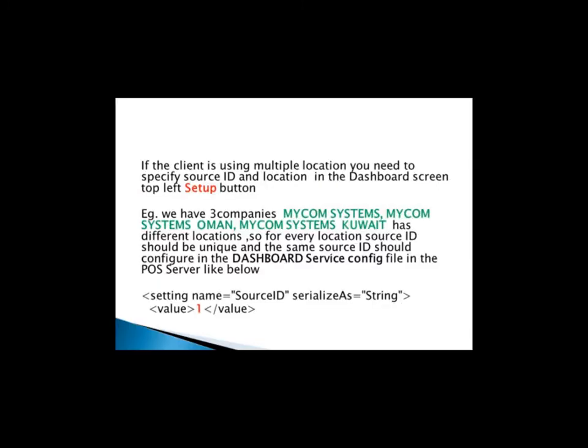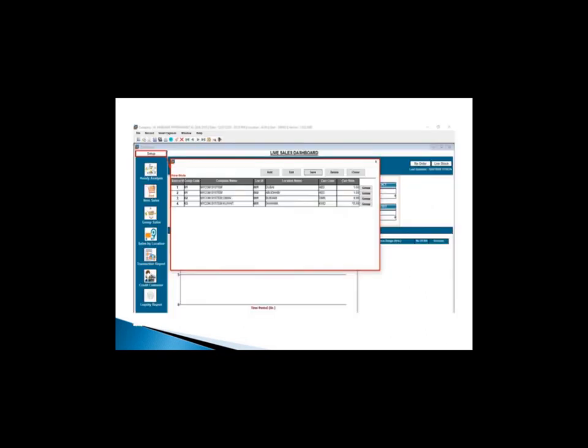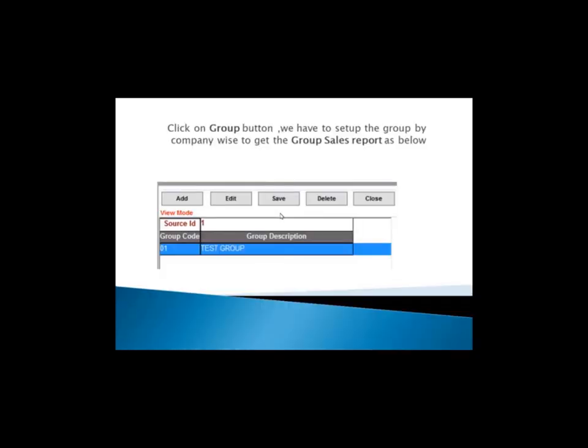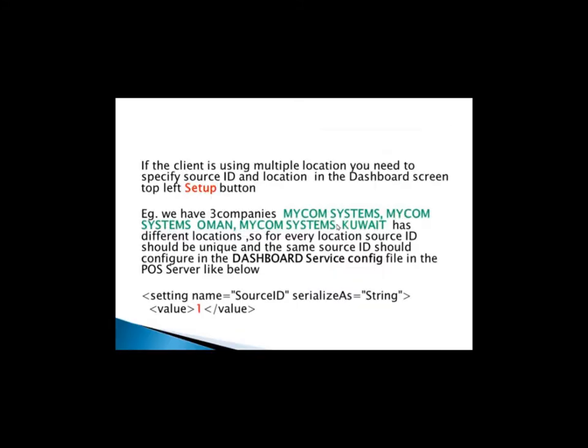I told you before, suppose if one company has multiple locations, they need to mention one setup like that. Say for example, MyCom system has a Dubai location, MyCom system has an Abu Dhabi location. Then it should be under one company, which is 01, and the source ID should be different, which is 1 and 2. Okay. So the source ID, as I told you before, should be mapped in the same way.